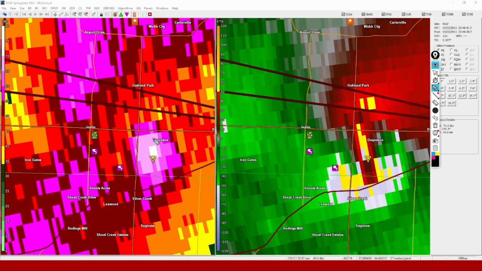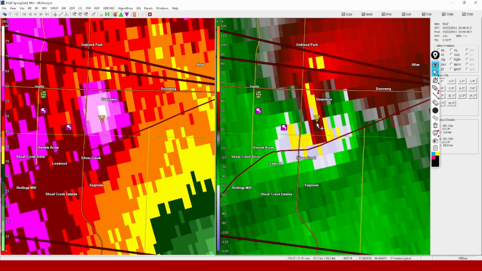So that's when reflectivity doesn't help you as much, and you've got to take a look at your base velocity, with the red going away from the radar and these lighter colors going towards. That just creates that very dangerous rotation that spun up a tornado that took a very destructive path.